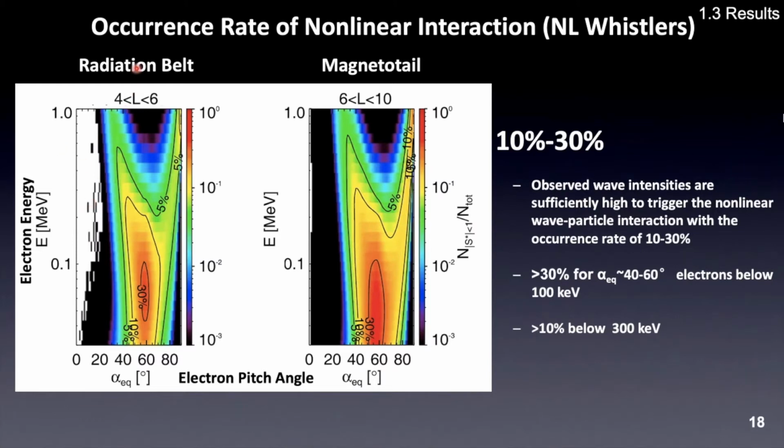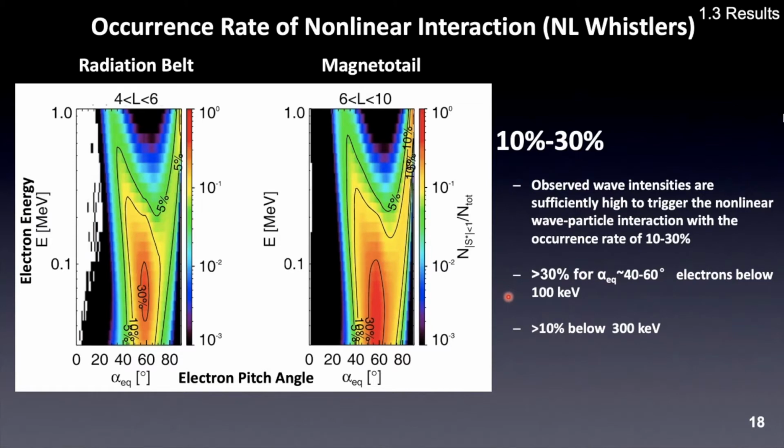We separated it for the radiation belt, and this is the more generalized magnetic tail region. We can see that in general, the same for these two regions, the nonlinear whistler waves can occupy up to 10 to 30% of the total whistler waves.